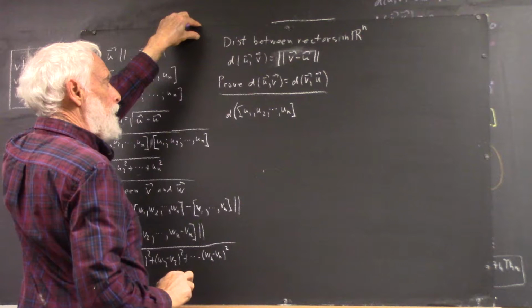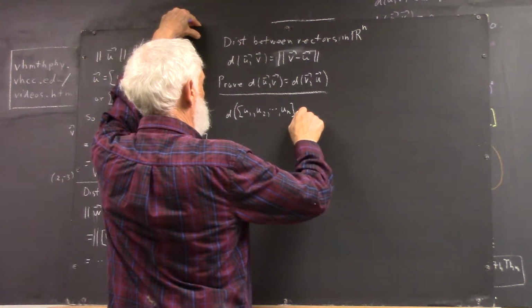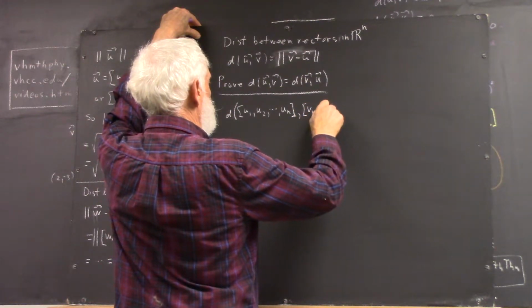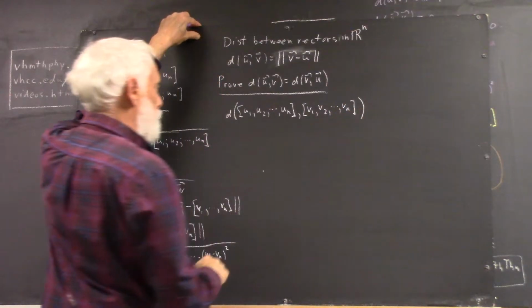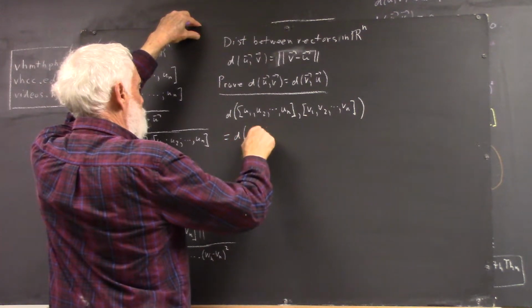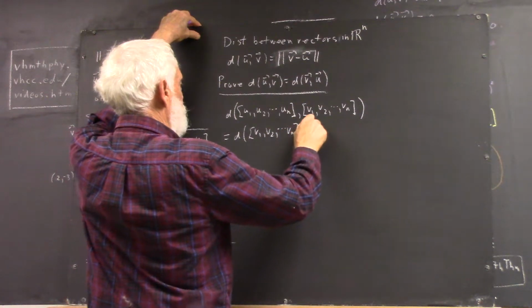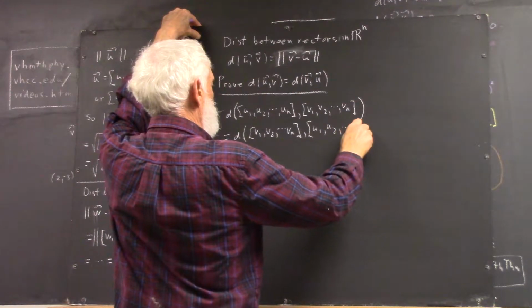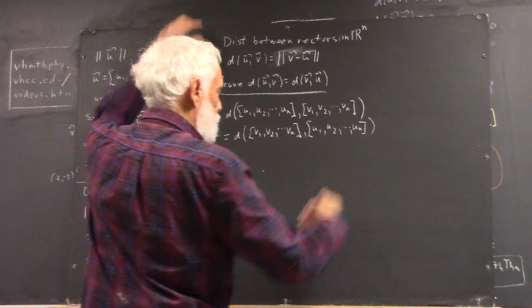It's the distance between this vector and Vn, and you're trying to prove that that equals the distance between V1, this, and now you're probably saying, well, it's obvious the distance doesn't matter what direction you go.